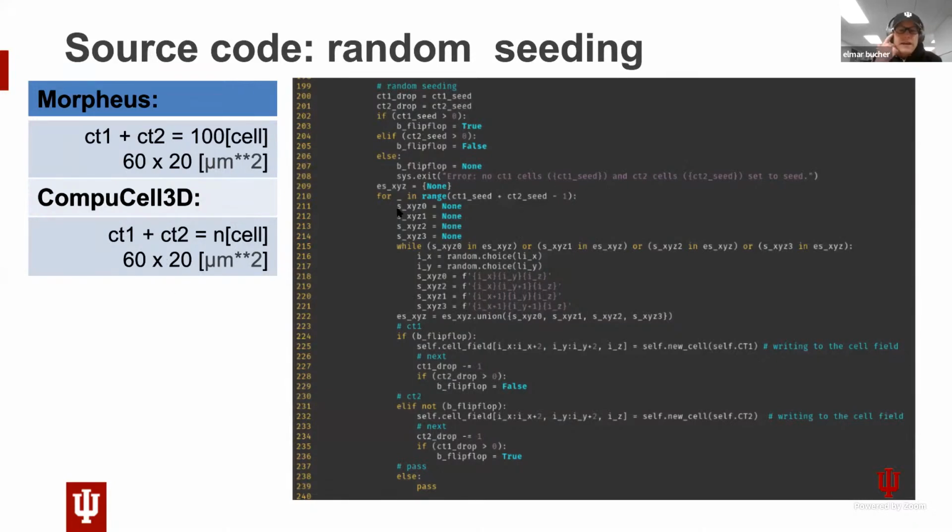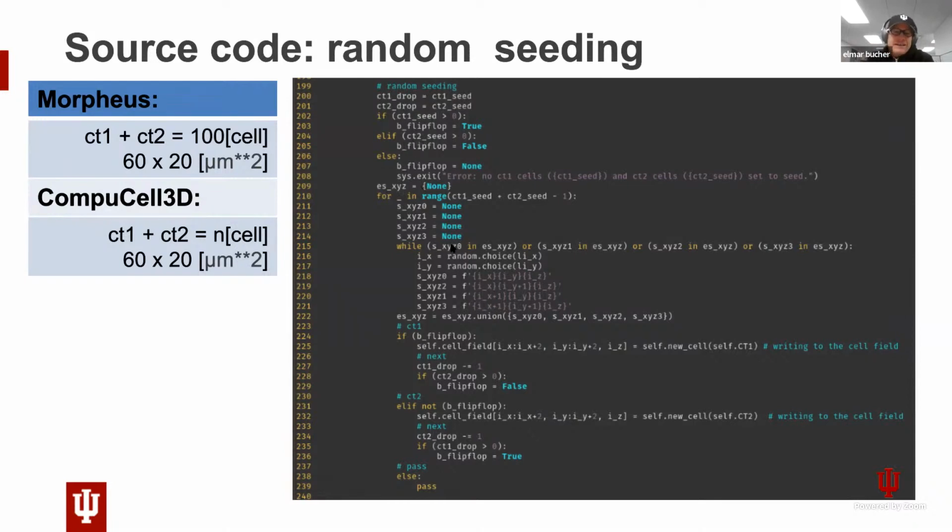So this is the Python code that we wrote to do the seeding, and it's kind of neat. You can set even 0 cells of a type, and it will not break. You can even make both 0 if you want to, then all the stuff will break.